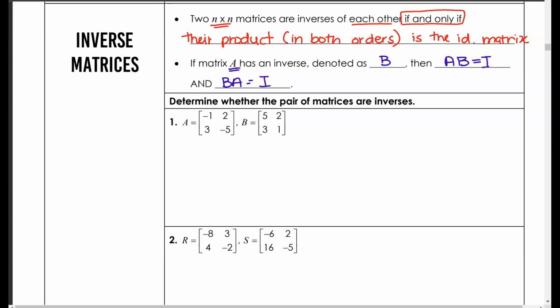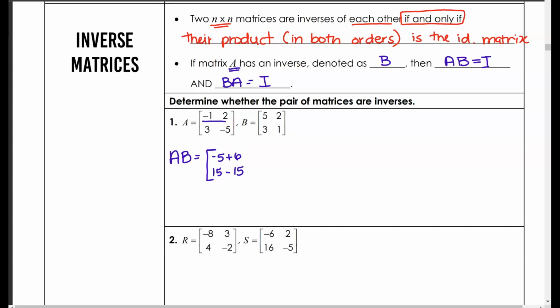So we're going to go ahead and start off by multiplying A by B. When we do this multiplication, as a reminder, remember we're taking the rows times the columns. So we're going to get negative 1 times 5, which gives me a negative 5, plus 2 times 3, which gives me a 6. Then we have 3 times 5, which gives me 15, minus negative 5 times 3, which is another 15.